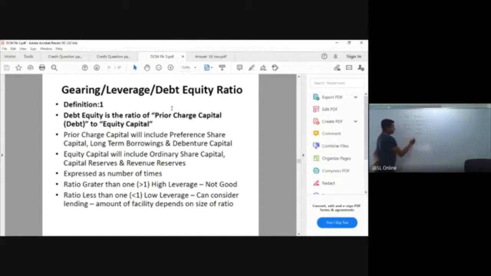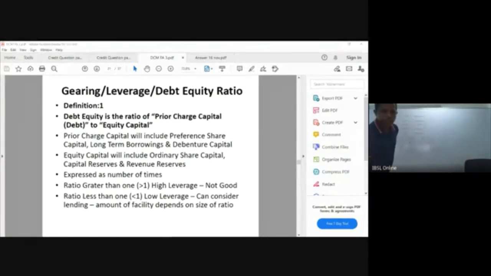Long-term debt capital divided by equity capital. Then the second ratio, take the total debt capital divided by total capital. Total debt capital divided by total capital, right. Long-term debt capital divided by equity capital, first ratio.